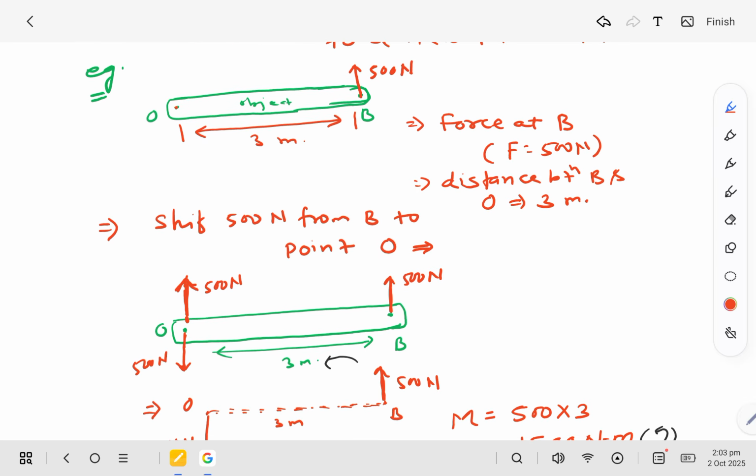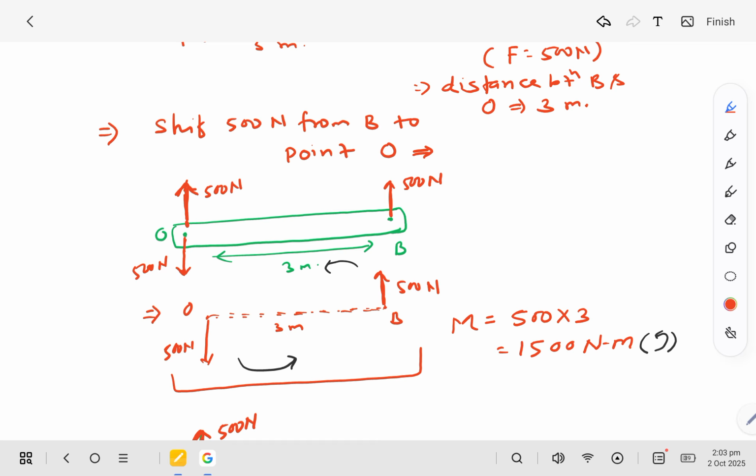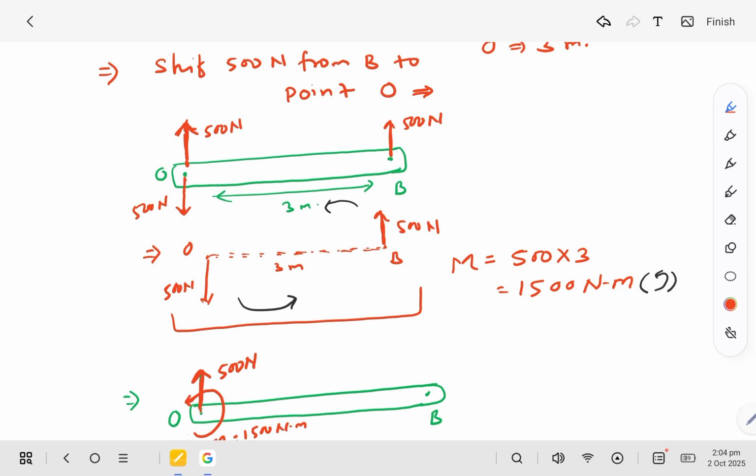Initially the force was at point B, and after introducing two forces in opposite direction at point O, one force at point B and one force at point O will form a couple.